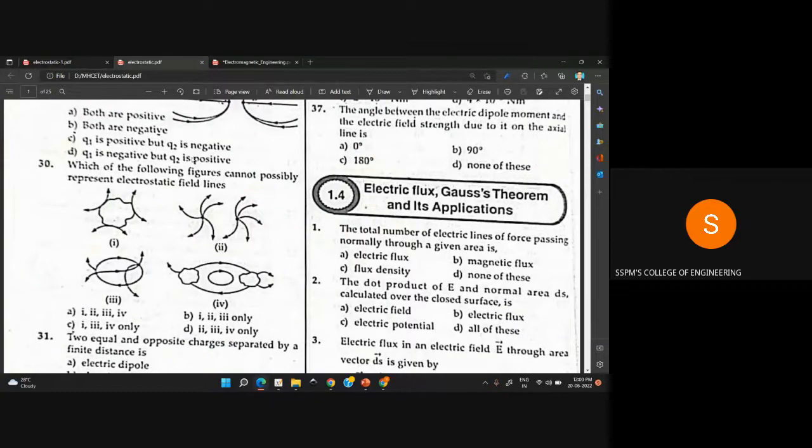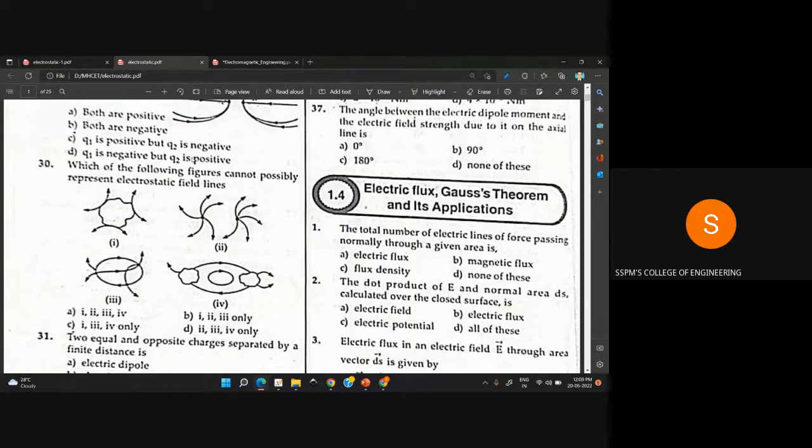Look at the third option. Here the electric field lines are crossing each other, and as I mentioned, the lines of electric field cannot cross each other. Are you getting? So this third option is also not valid.